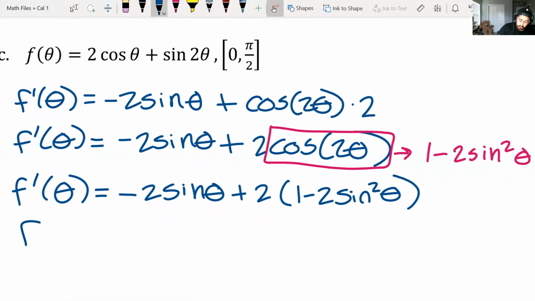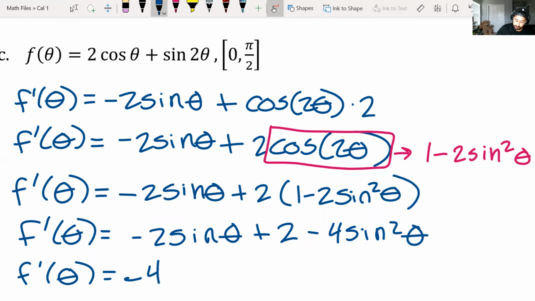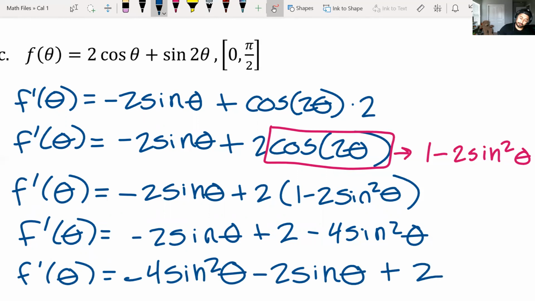Distribute the 2: negative 2 sine theta plus 2 minus 4 sine squared theta. All right, fix this up, make it look a little pretty. Rewrite this highest power first: negative 4 sine squared theta minus 2 sine theta plus 2.